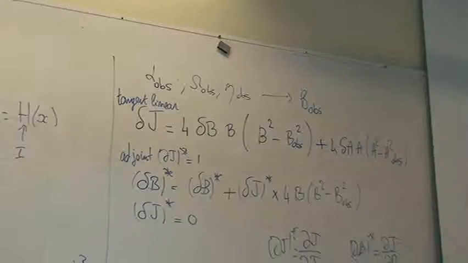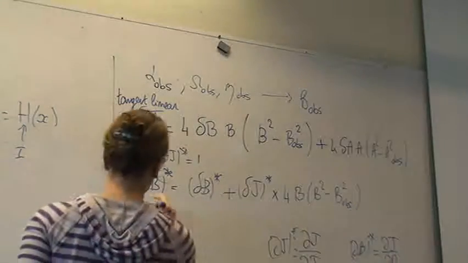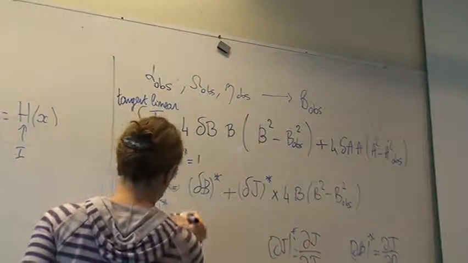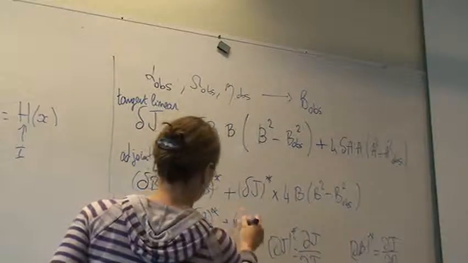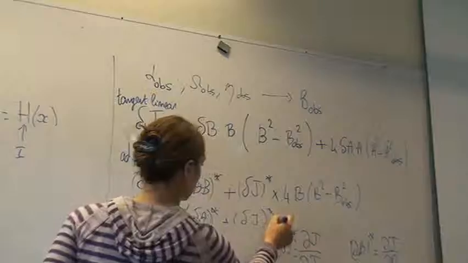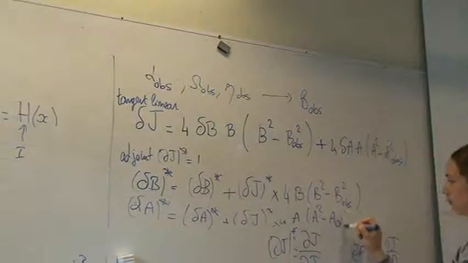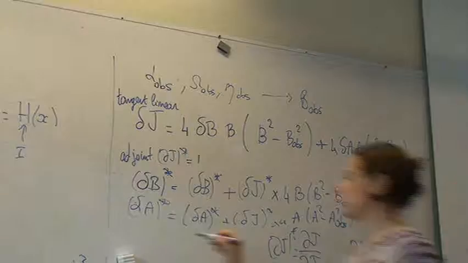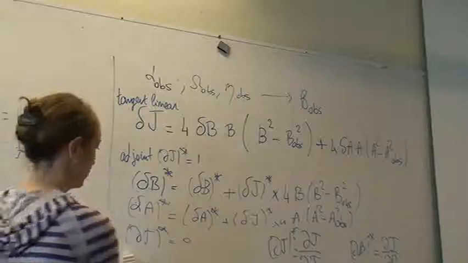That's really the business that you explained yesterday. If I had that, I would also have to write, before setting delta J star to 0, delta a equals this, but for a. And then delta J star equals 0.